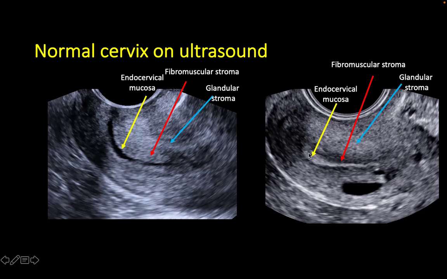Then we have the echogenic thin endocervical mucosa, followed by the hypoechoic fibromuscular stroma, which can have variable thickness from one person to another. And finally, the bulk, the isoechoic part in both the anterior and the posterior lip, comprises the glandular stroma. Now we understand how the normal cervix looks on ultrasound, so it makes things easier when we try to look at pathology.